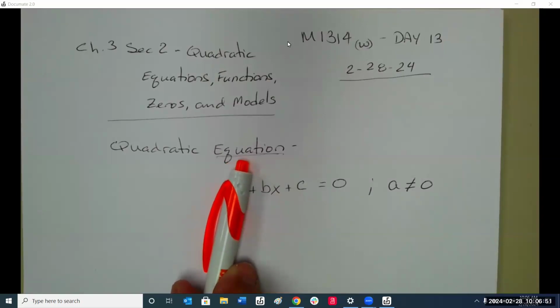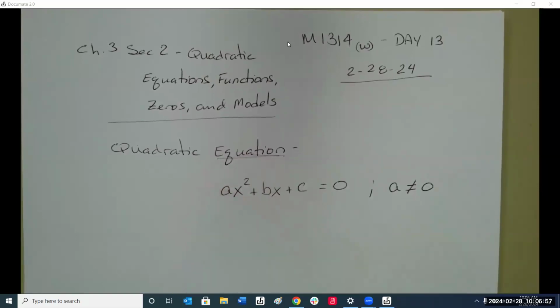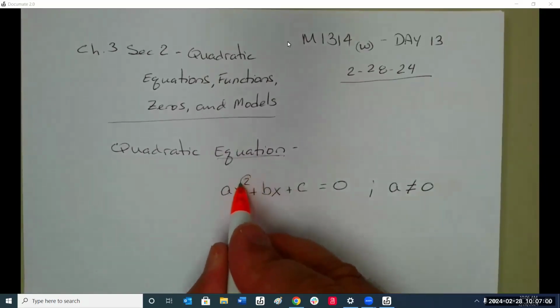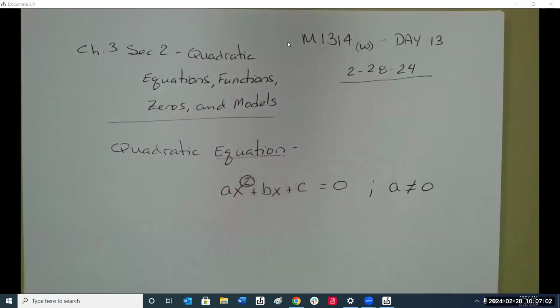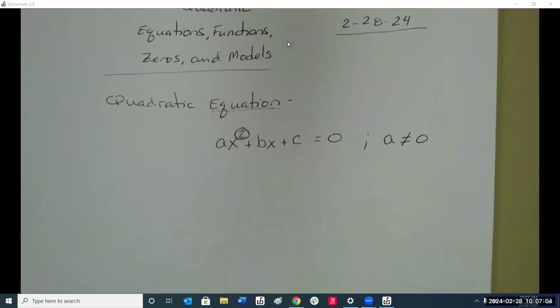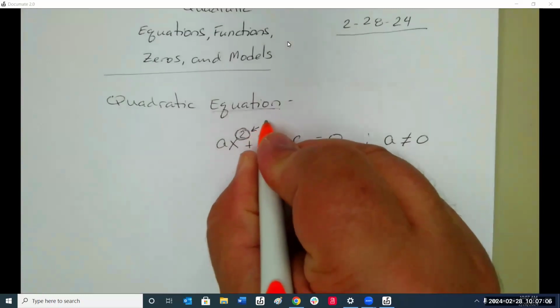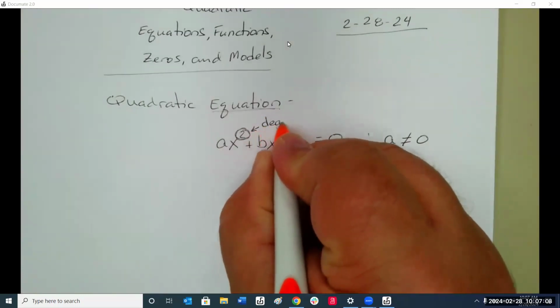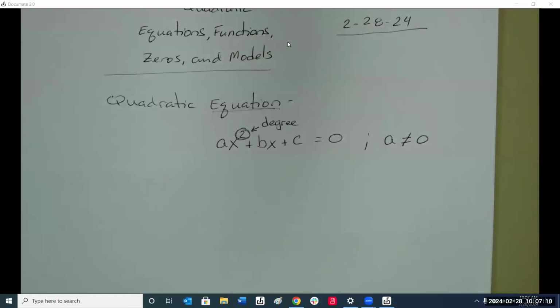It becomes a linear equation now, y equals mx plus b. So we need to have A out there. This is what makes it quadratic. What is that number called? It's called the degree. A quadratic is a polynomial of degree 2.